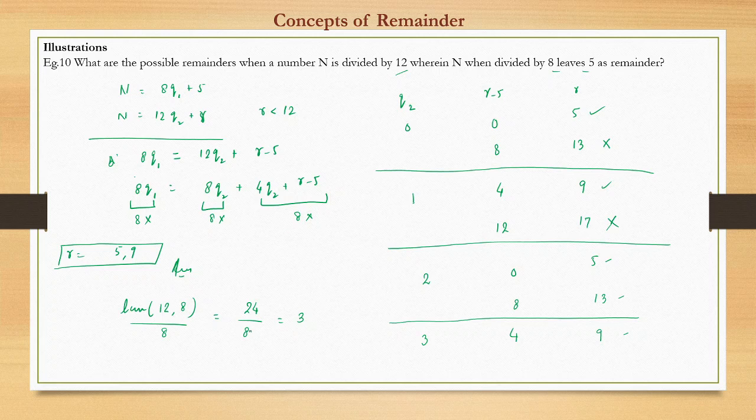Sorry, 24 by 12. We will divide by the number for which we have to find the remainder, right? So here it gets 2. So same here.